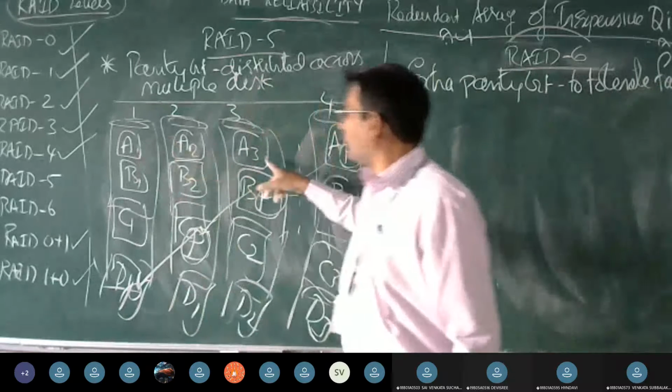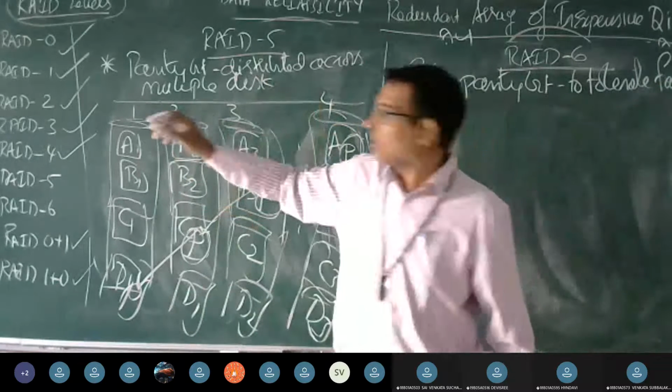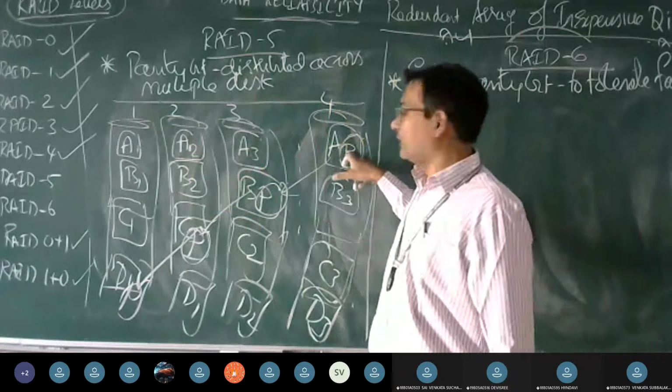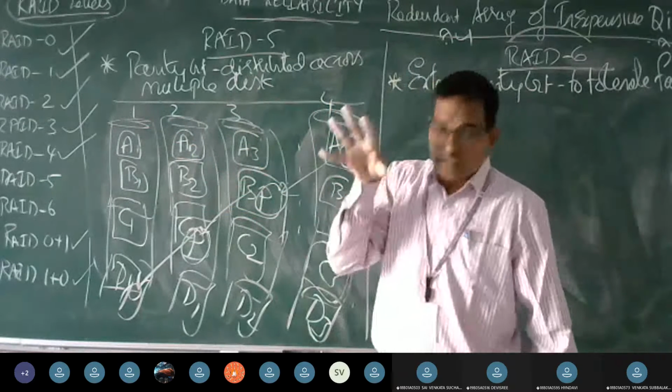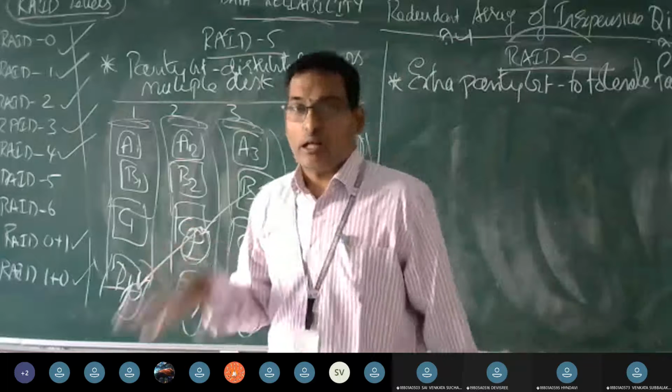If there is a mismatch, if there is a failure of bits, the parity bit is going to come into the picture. See that data is not lost.